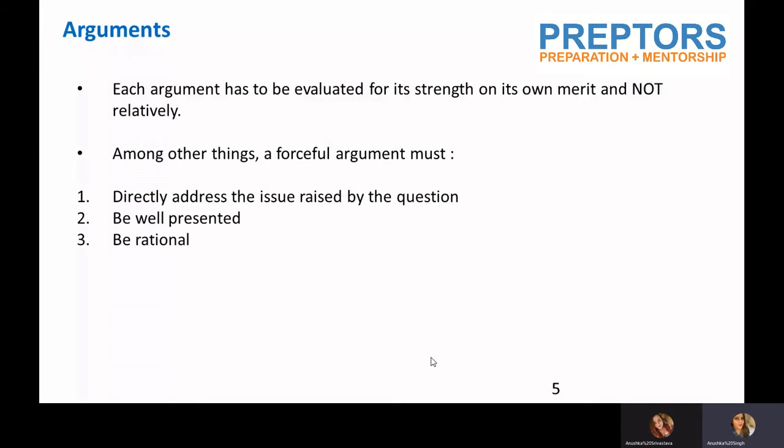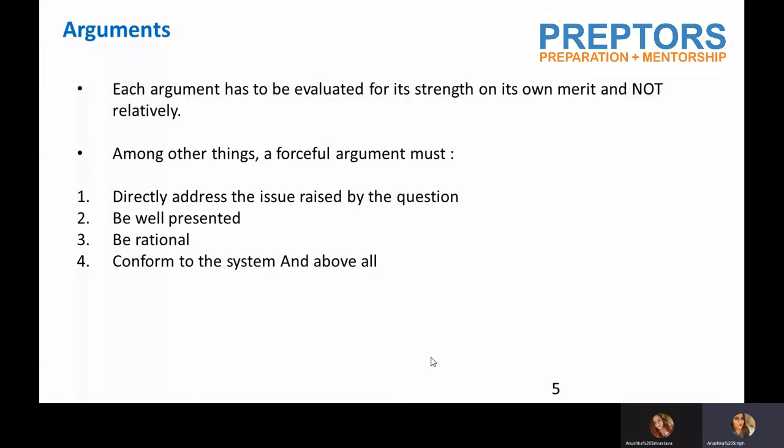Third, it should be rational. When I say it should be rational, it means this has to be practical and not emotional. Any argument that has an emotional approach or an emotional tone will not be considered a forceful or a strong argument. It should conform to the system. When I say conform to the system, what do I mean?